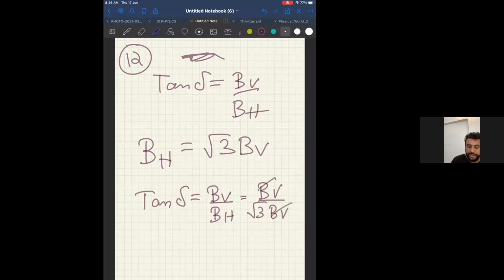Therefore, can I say BV and BV will cancel? Therefore, can I say tan delta is equal to 1 by root 3? So tell me, tan of which angle is 1 by root 3? 30. Tan of 30 is 1 by root 3. Therefore, can I say the answer will be D?